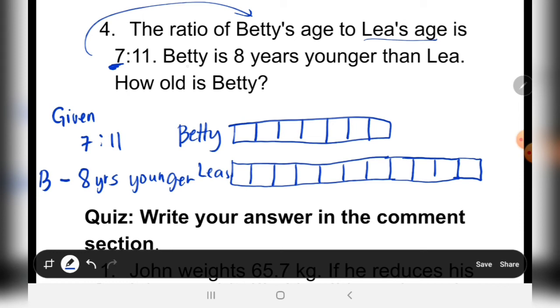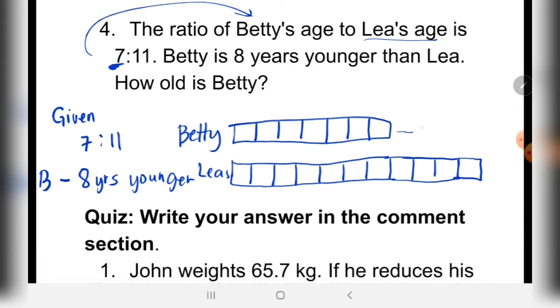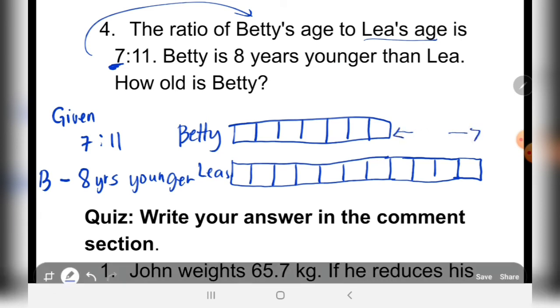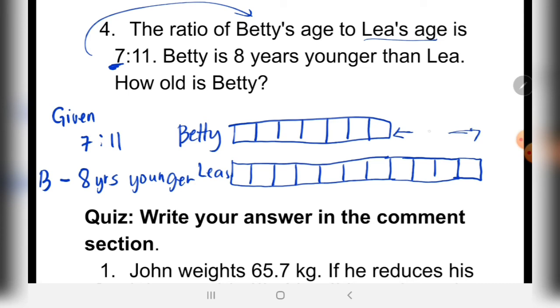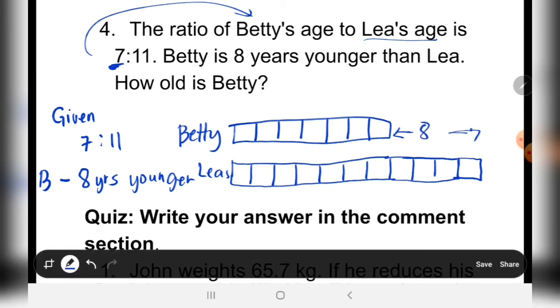We know that Betty is younger than Leia. That means that this side is 8 years.